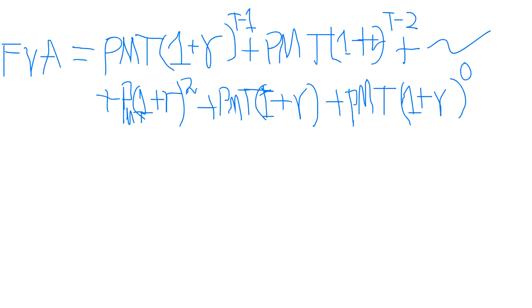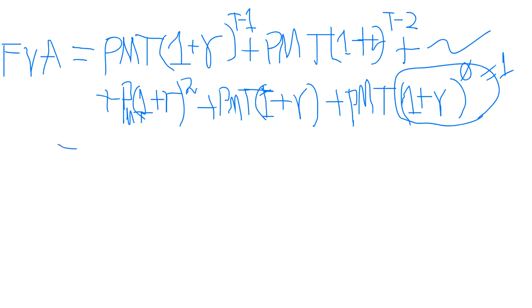Remember, anything raised to 0 is 1, isn't that right? So although this term is there, it is just 1, and this thing will just reduce to just payment. You get that?